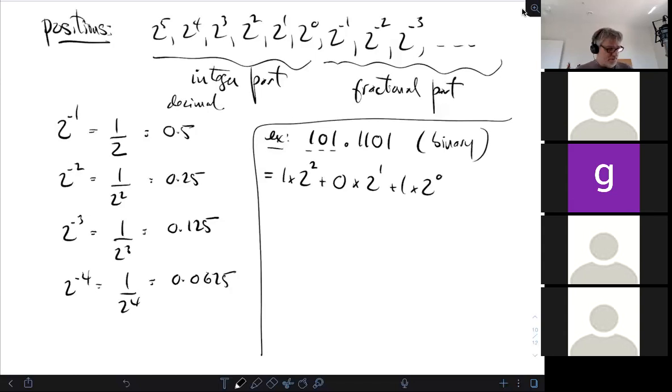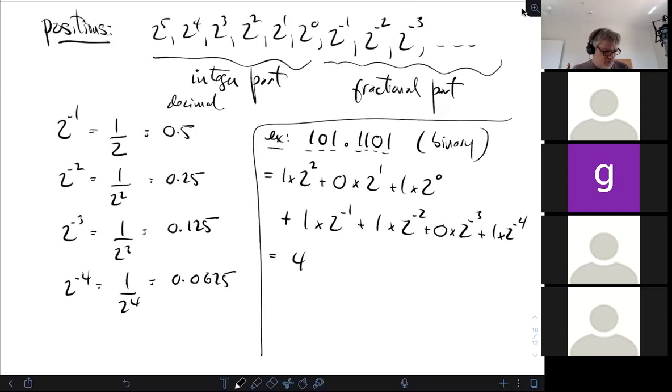That's the integer part, plus 1 times 2 power negative 1 plus 1 times 2 power negative 2 plus 0 times 2 power negative 3 plus 1 times 2 power negative 4. Okay? To see what I get in decimal.